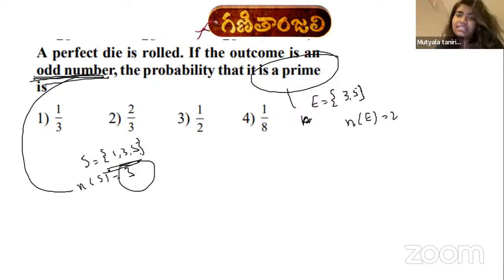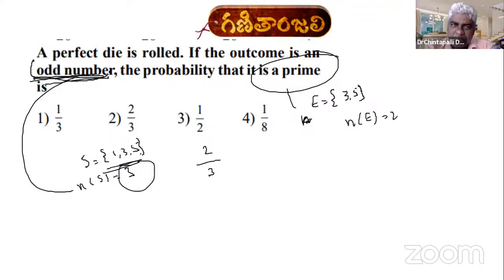The required probability is not 3 over 6, it is 2 over 3. Here, we should not take n of S as 6, because we need to choose prime numbers among odd numbers, not from all numbers.